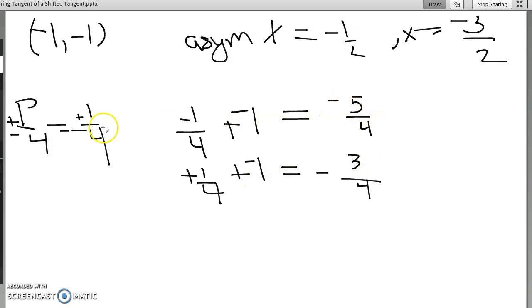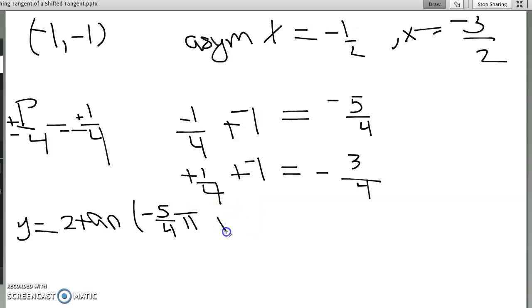Now we have to take these values and plug them into our original equation to find our y. So these are x values. We'll say y is equal to 2 tangent of negative, we'll use this one first, 5 over 4 pi, just plugging it into our equation, plus pi, minus 1.